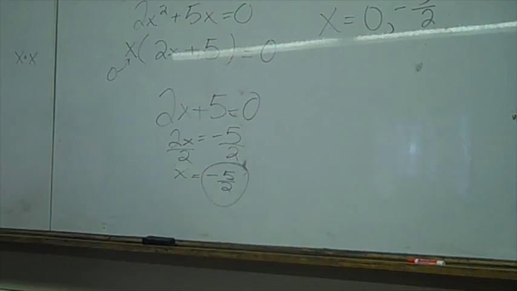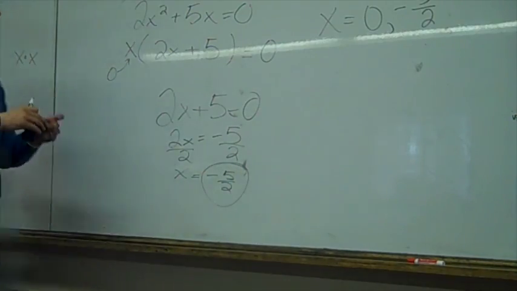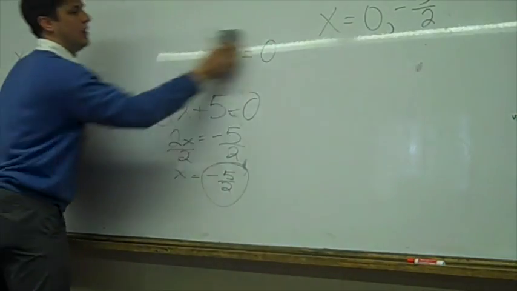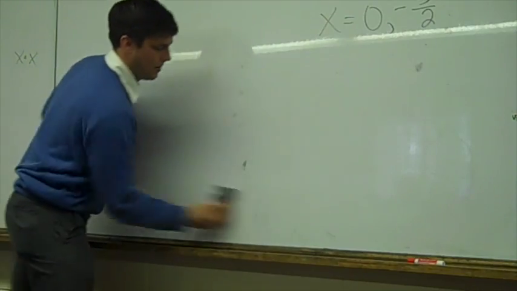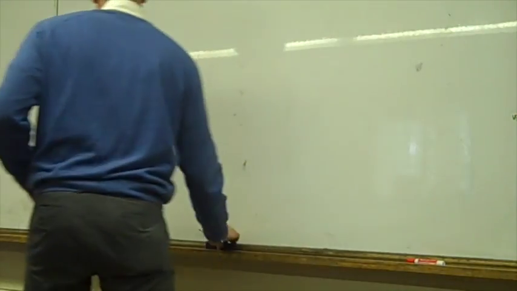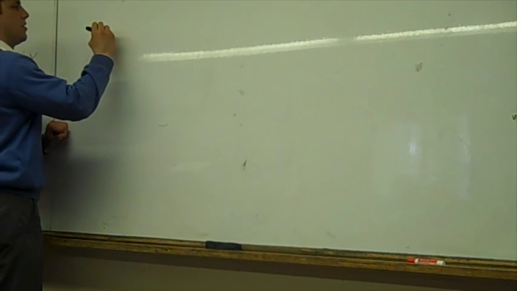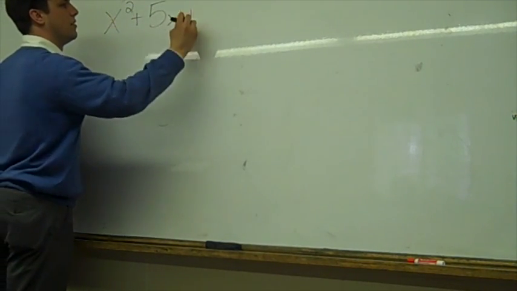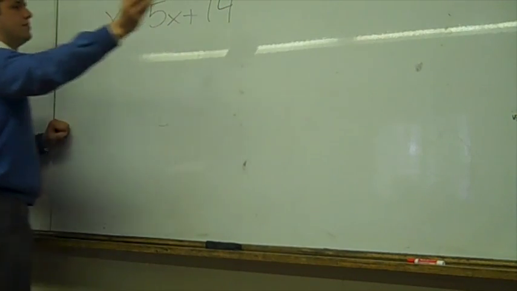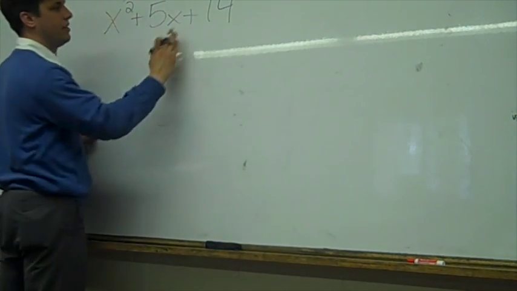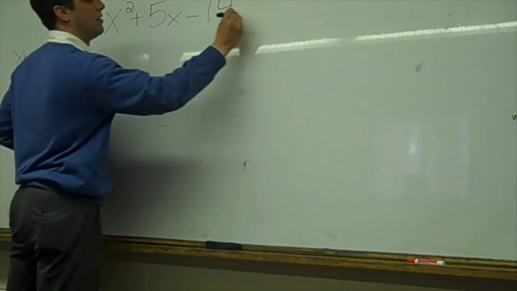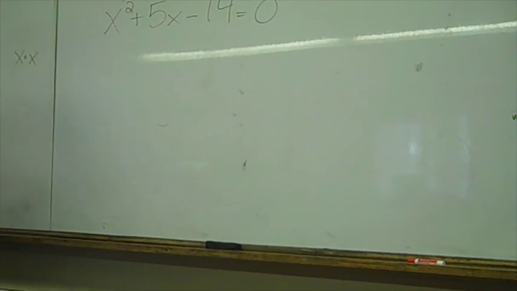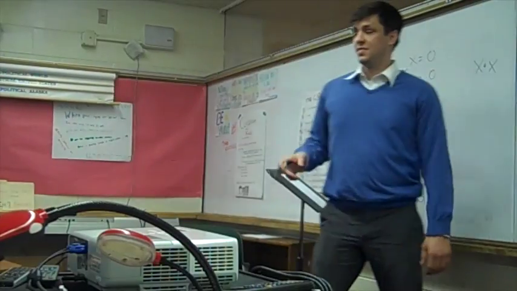x squared plus 5x minus 14. Would you use the trinomial method on this one if there's no greatest common factor?